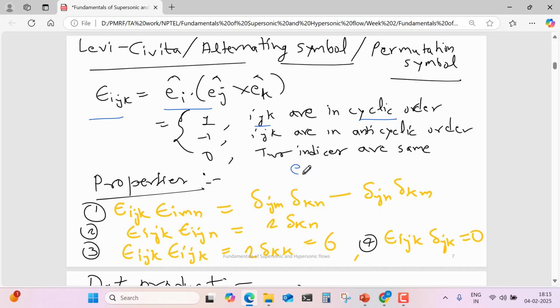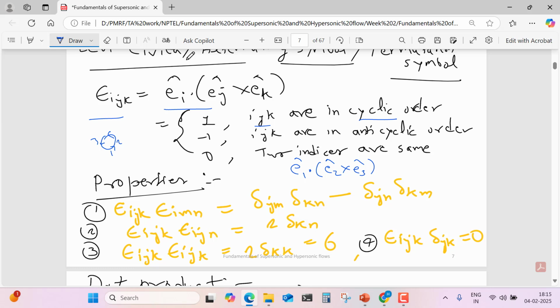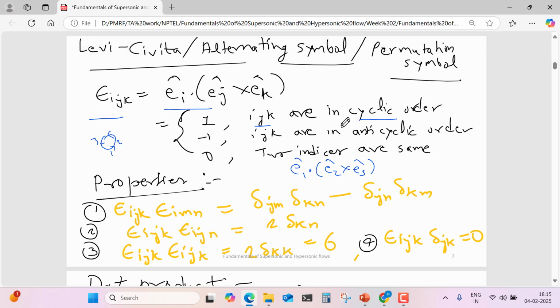Let's say we have e1 dot e2 cross e3. Then you can see that they are in cyclic order 1, 2, 3, so it will be equal to 1.